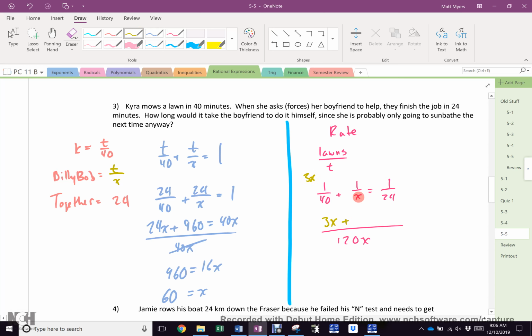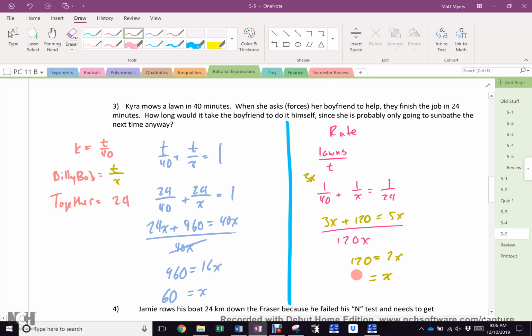What did this need? 120, because it had the x, right? Equals, what did this need? 5x. So now 120 equals what? 2x. So what does x equal?